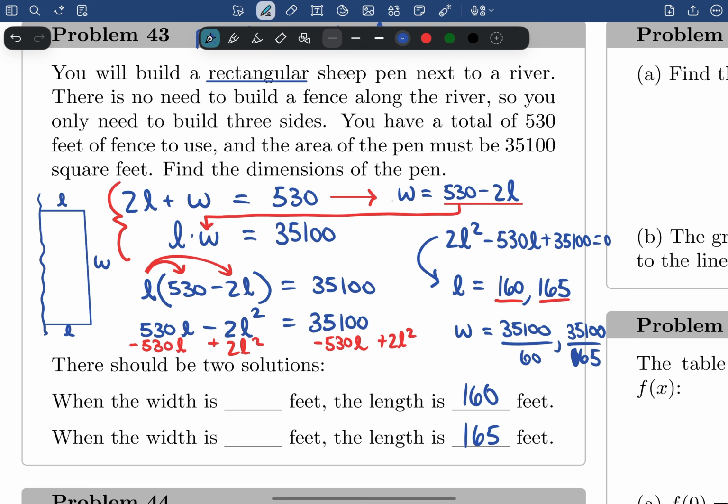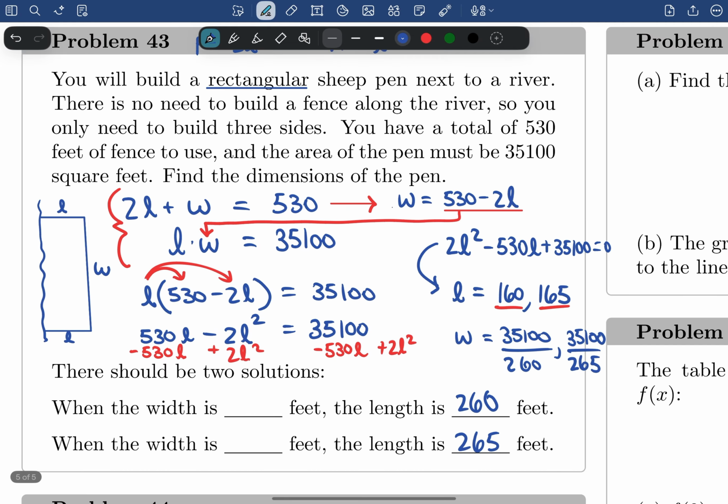Forgive me, these aren't 165 and 160, they're 260 and 265. Okay, so that's what I ended up getting. And so dividing out each one of those, I get, well, 130 for the width in this case.